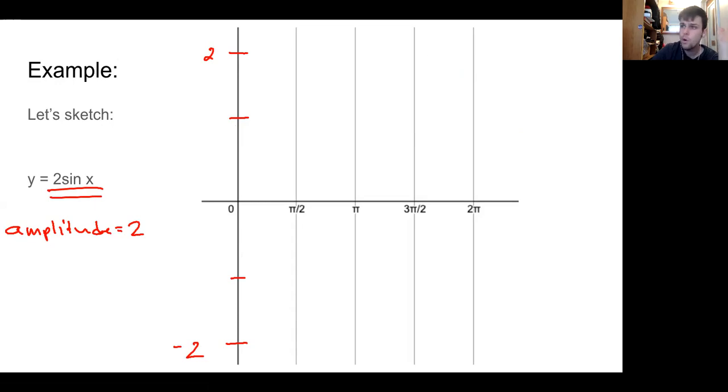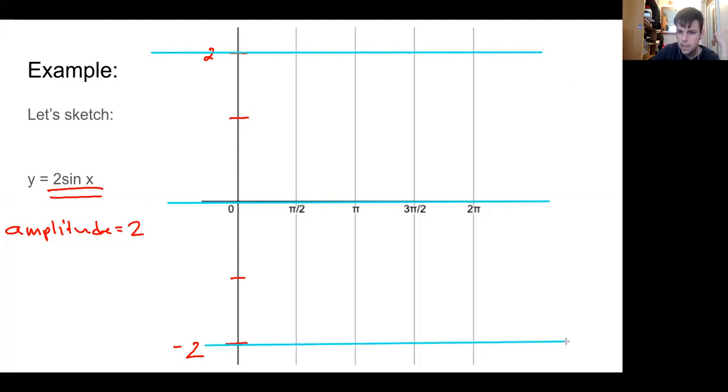As we get more and more complicated graphs, we may want to include some more lines and things on here, but our midline for this problem is going to be the x-axis because we didn't shift it up or down at all. Our graph is going to be hitting its maximum here at 2, and it's going to be hitting its minimums down here at -2.